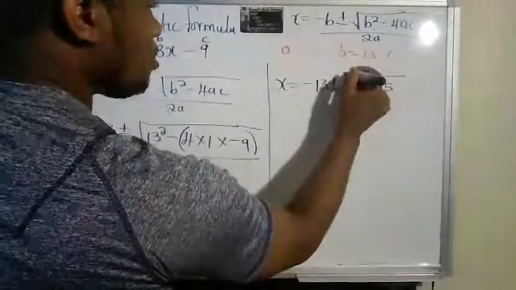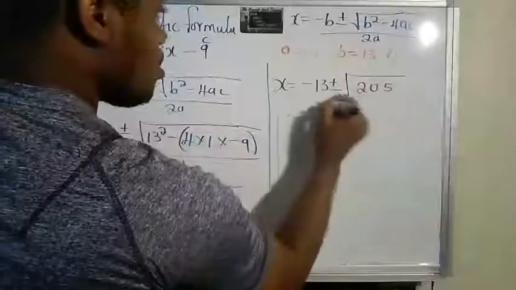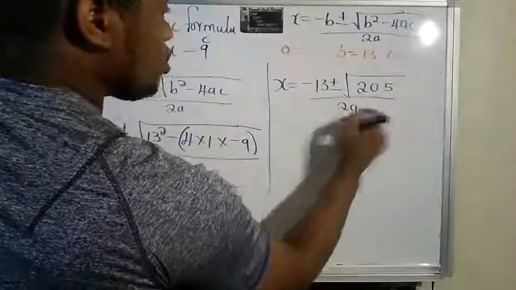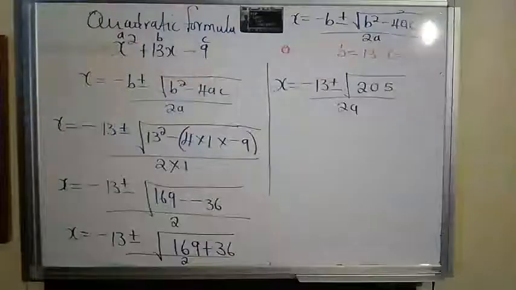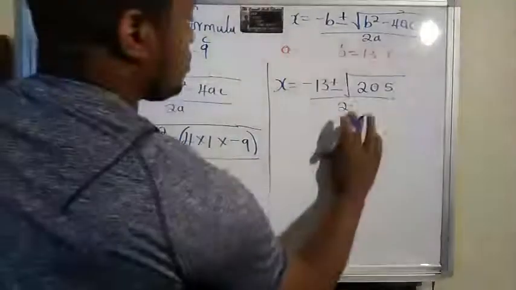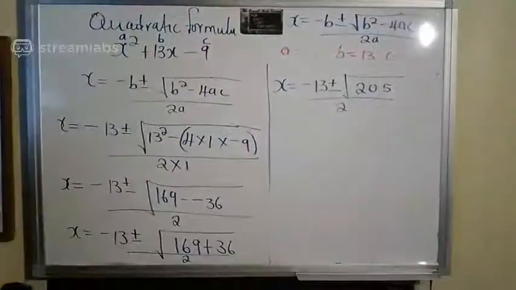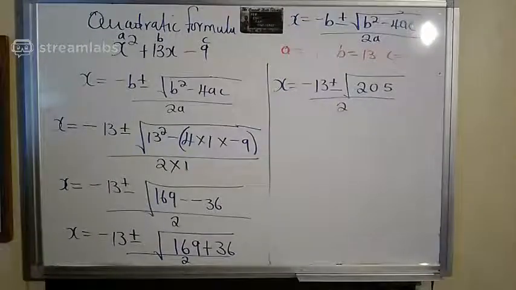Remember, this is on the square root, over 2. So now, when we reach here, we just find the square root of 205.